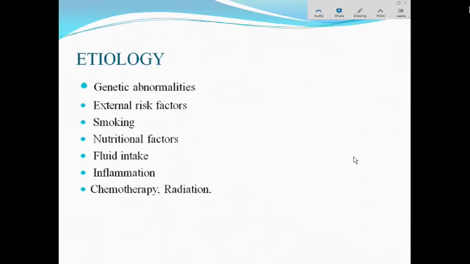What are the etiologies? Most likely, as with all malignancy, genetic abnormalities, and there will be external risk factors. Smoking is the most important cause. Nutritional and dietary factors, not taking adequate fluid intake, chronic inflammation in the form of a chronic indwelling catheter, long standing stone, or a patent urachus.